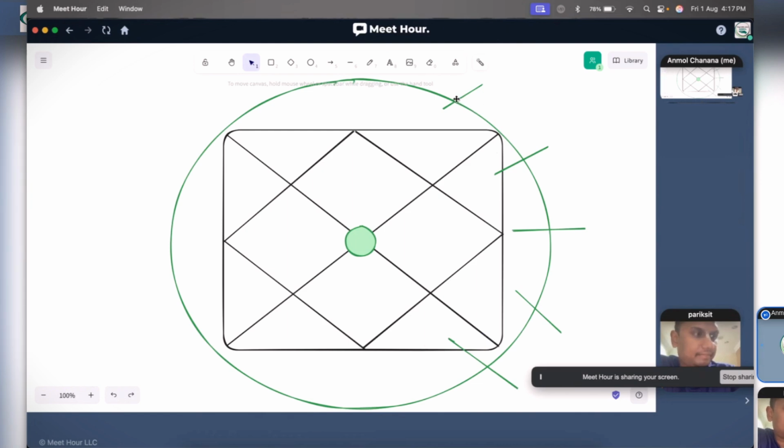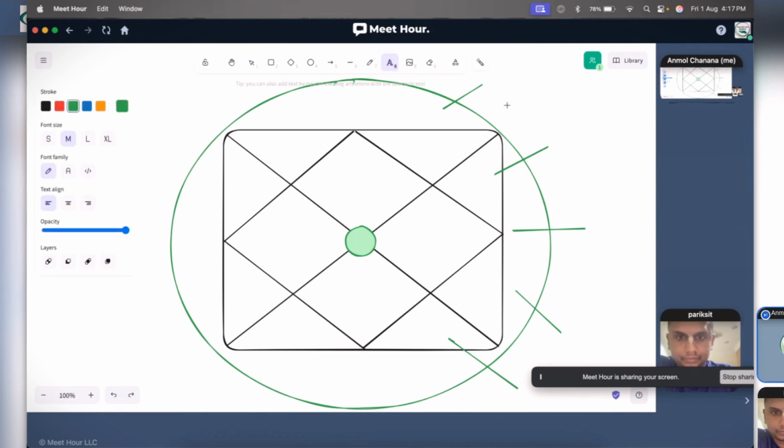So again, all this space would be divided into 12 parts, and each part will have 30 degrees.